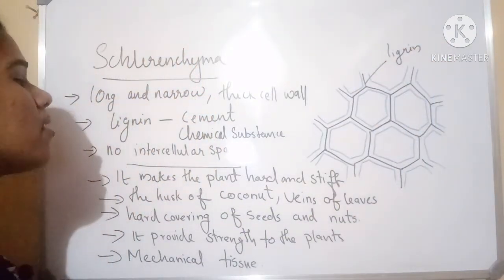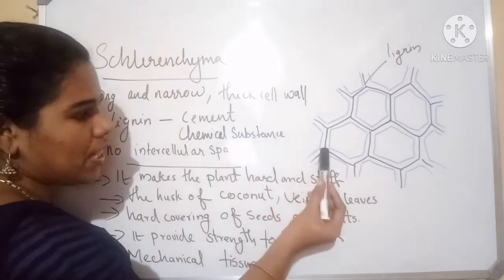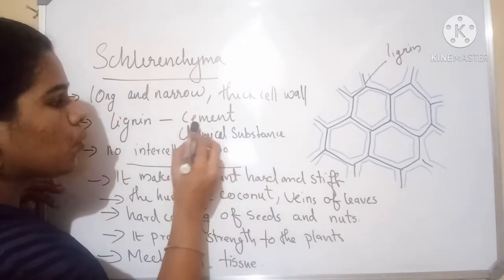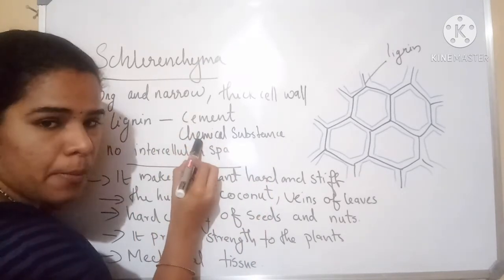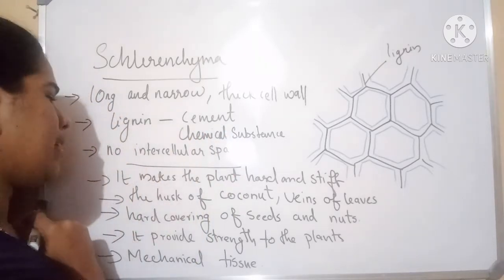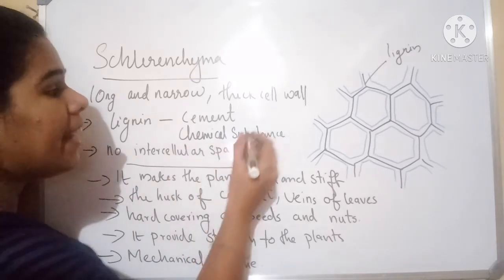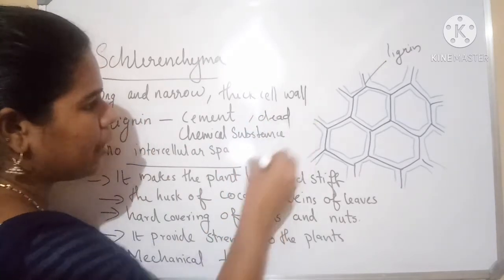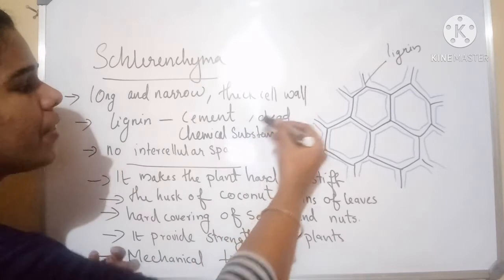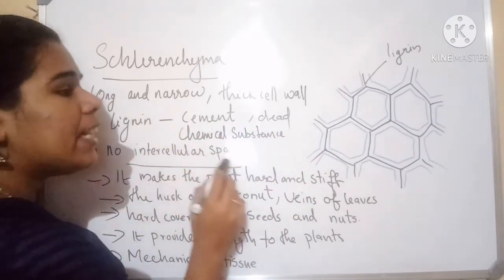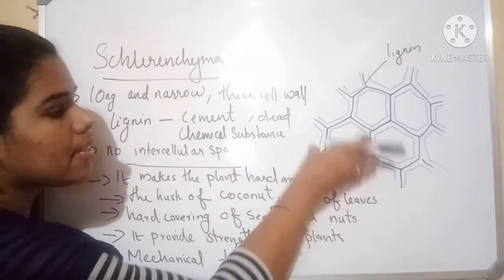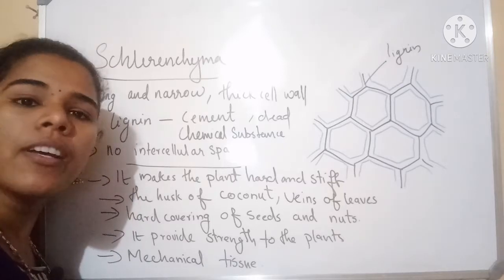Because of this lignin, the cell walls become thick or hard. Lignin acts like a cement, and these are dead tissues or dead cells. There is no intercellular space in sclerenchyma.